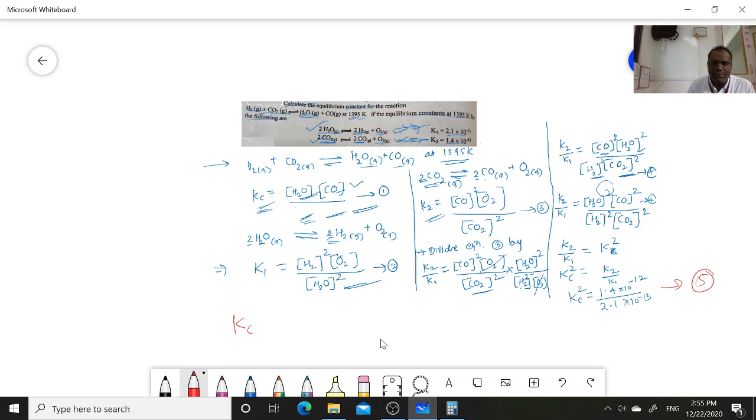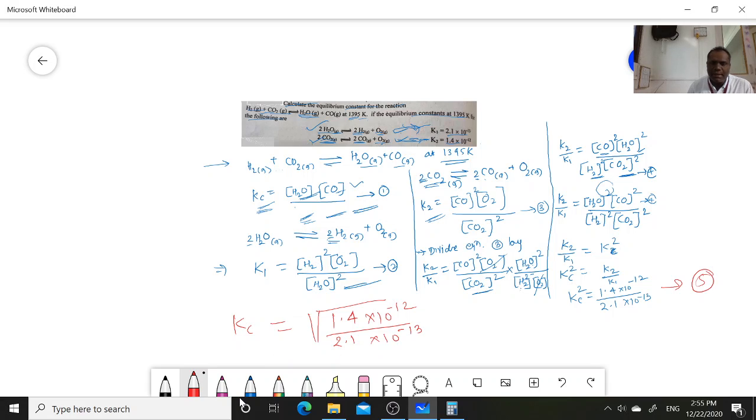Equation number 5 becomes, if you take the square root of both sides, Kc is equal to the square root of 1.4 into 10 raised to minus 12 divided by 2.1 into 10 raised to minus 13.